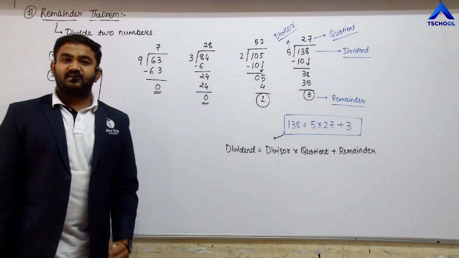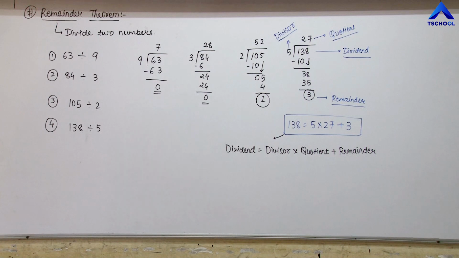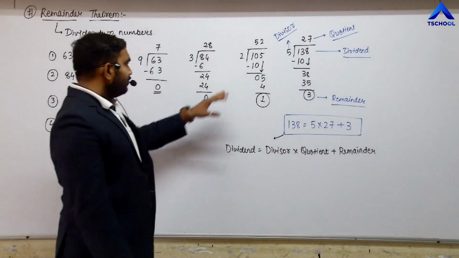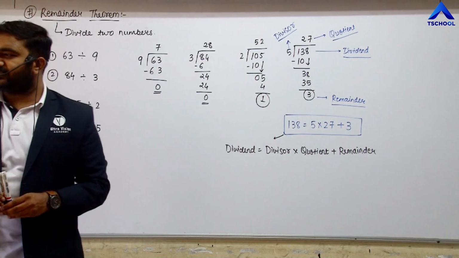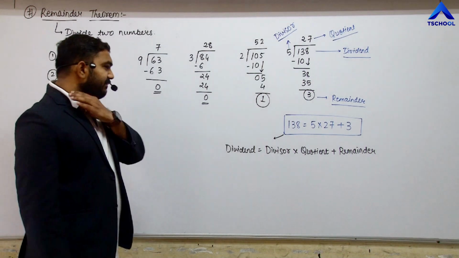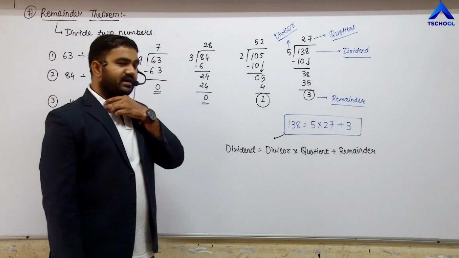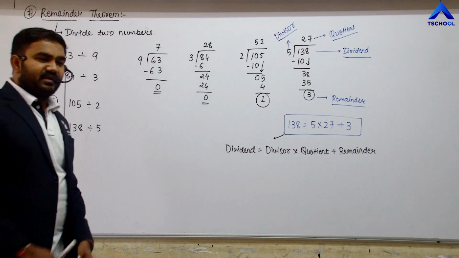In the second case, 84 divided by 3, the divisor 3 is less than the dividend 84. The third one, 105 and 2, so the dividend 105 is greater than the divisor 2. And in the fourth case, 138 divided by 5. So in all of the 4 cases we had the divisor less than the dividend, right?